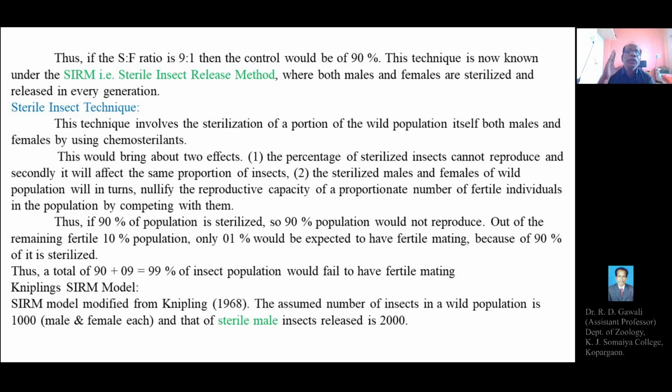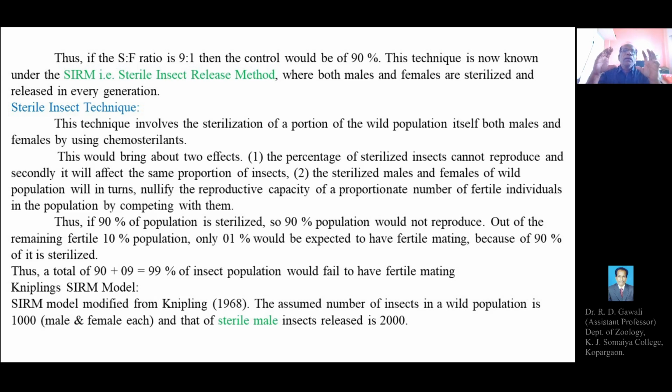This will bring about two effects: the percentage of sterilized insects cannot reproduce, and secondly it will affect the same proportion of the fertile insects. So sterilized males and females of the wild population will in turn nullify the reproductive capacity of a proportionate number of fertile individuals in the population by competing with them.